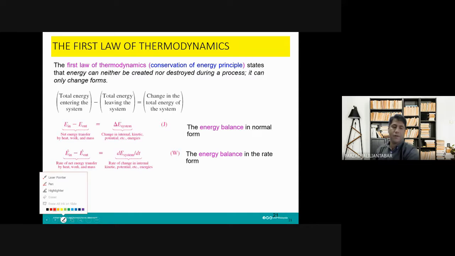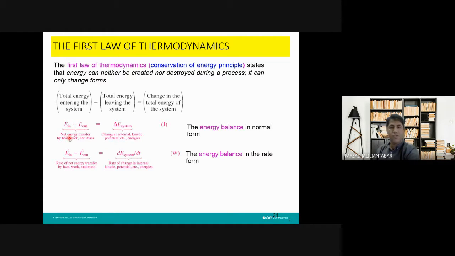The first law of thermodynamics can be written like this: total energy entering the system, which I already introduced, closed or open, minus total energy leaving the system will be equal to the change in the total energy of the system. Or E in, the energy entering the system, minus E out, the energy leaving the system, will be equal to delta E, the change of the total energy of the system.